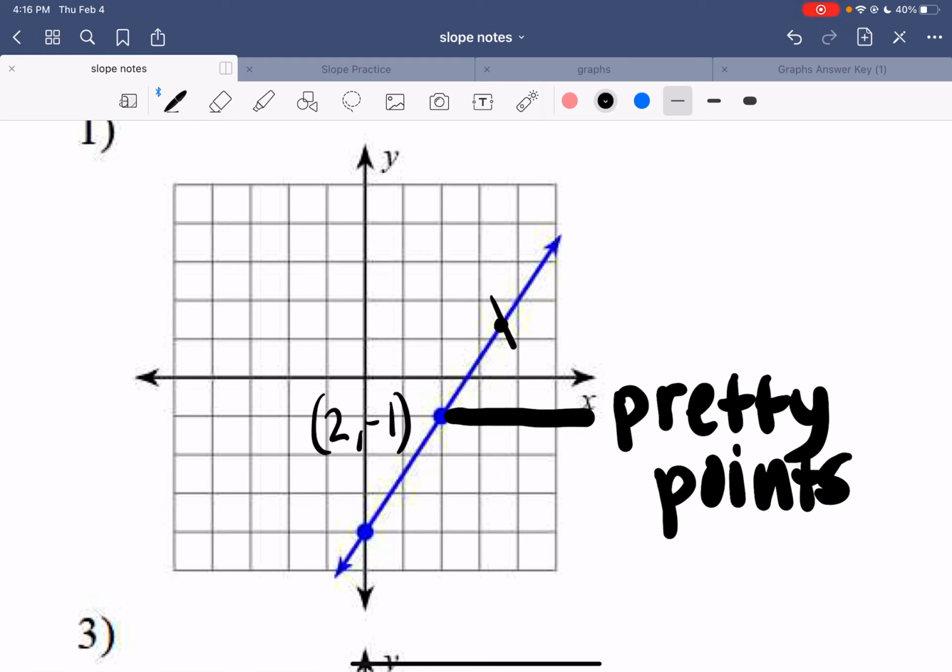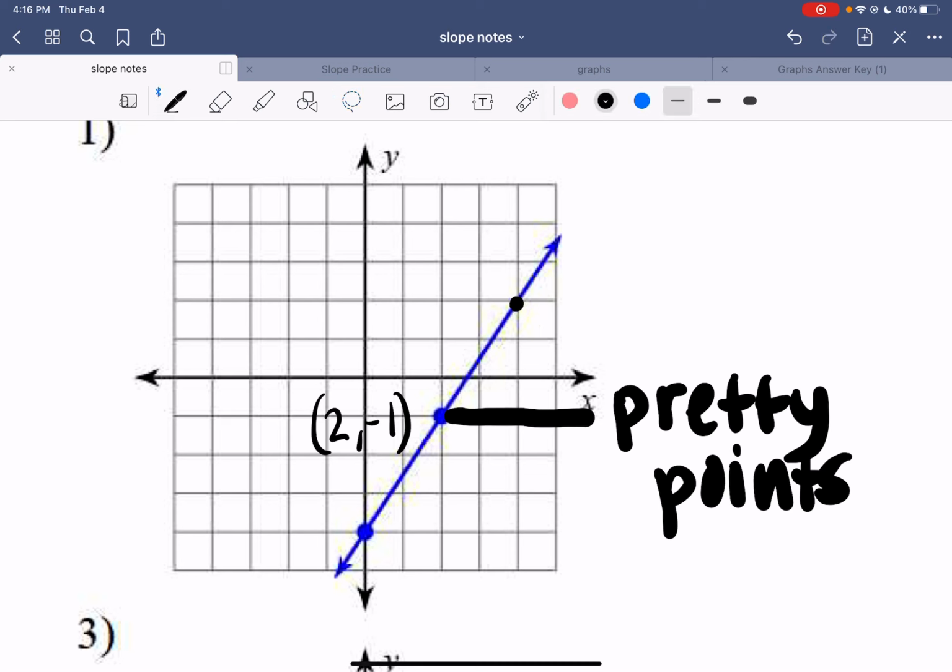So this is not a pretty point. The pretty points are the ones that intersect. So if we just took this point right here and moved it, that one is obviously a pretty point. That would be our other pretty point on the graph, okay?